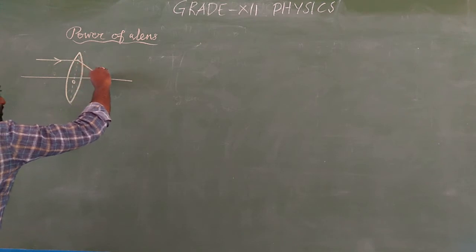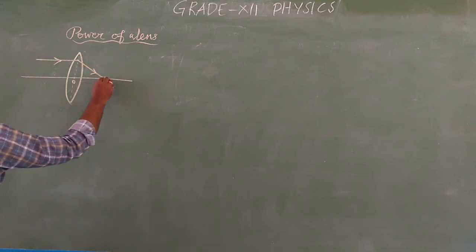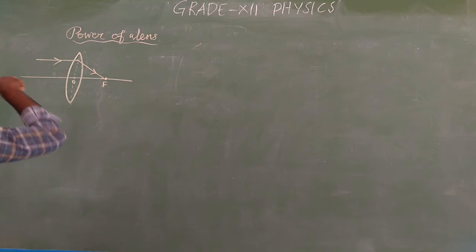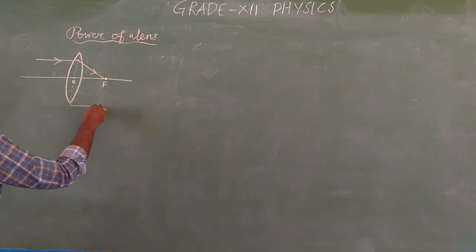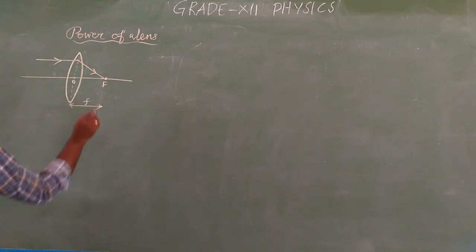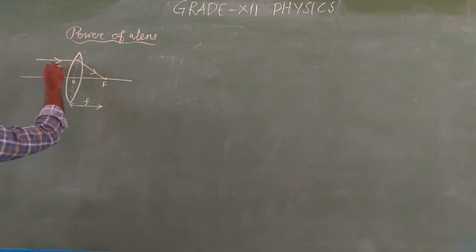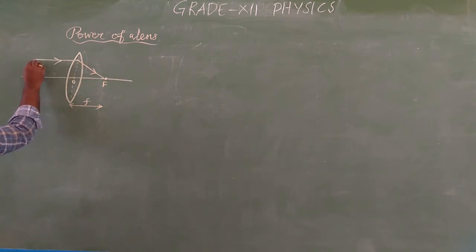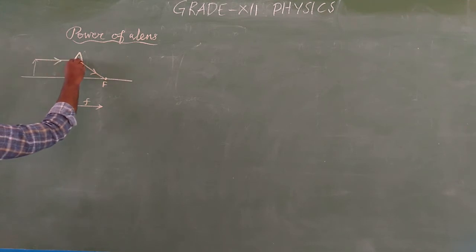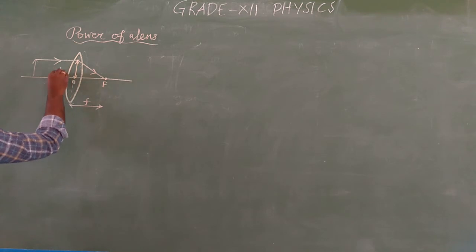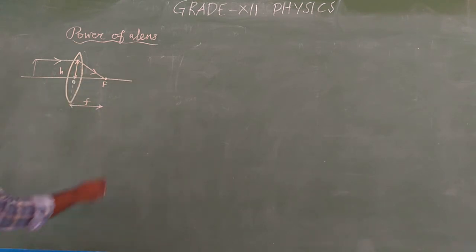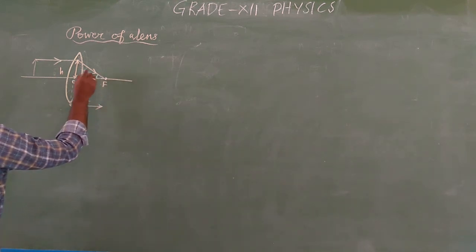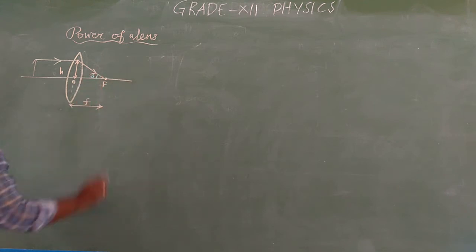A point on the principal axis is called principal focus. So the distance between optic center and principal focus is focal length. And this is the height of an object. Here the convergent ray makes an angle delta to the principal axis.